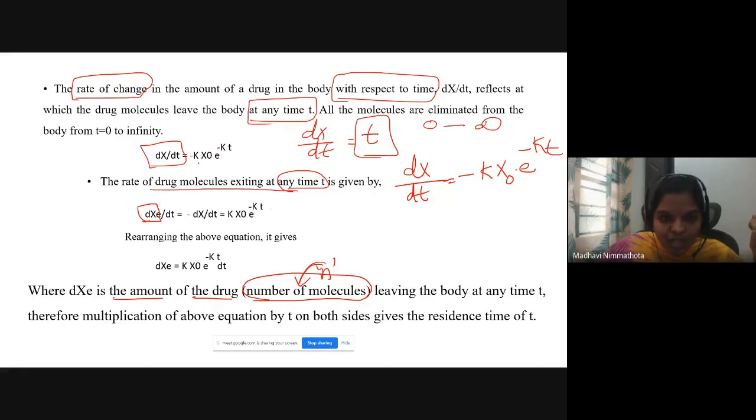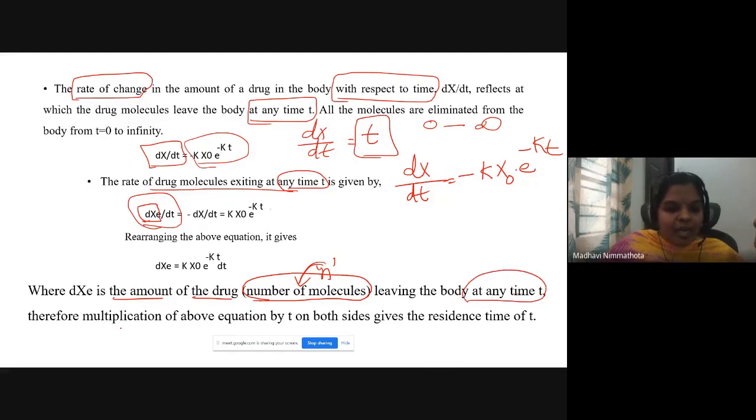The equation is the same, only the difference is that here we need to write dXe, that is the amount of drug, the n number of molecules, which are leaving the body at any time t.